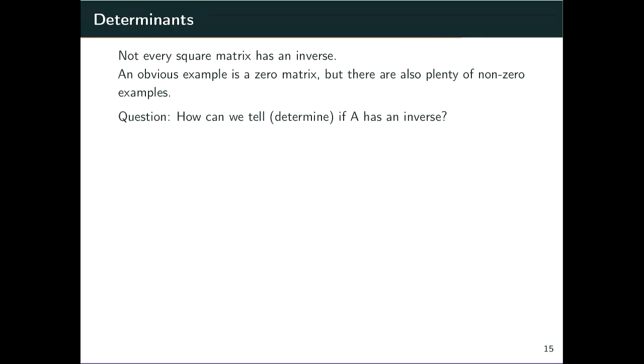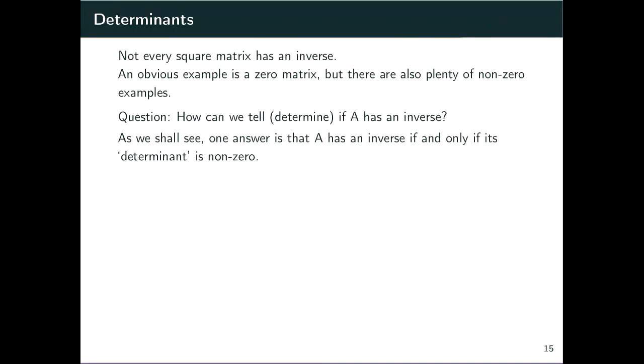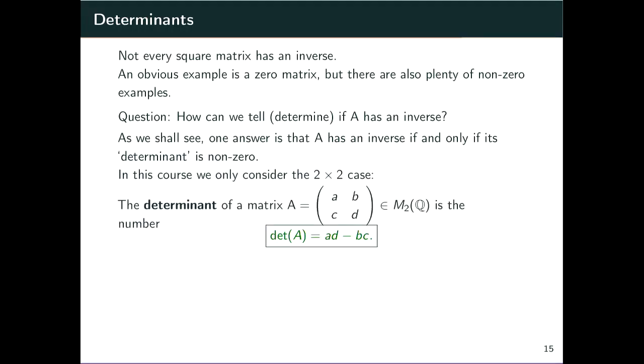So how are we going to determine if A has an inverse? And the answer is this function called the determinant of a matrix. If it's 0, then it's non-invertible. If it isn't 0, then it is invertible. Okay. So there is a formula for if you have an n by n matrix.